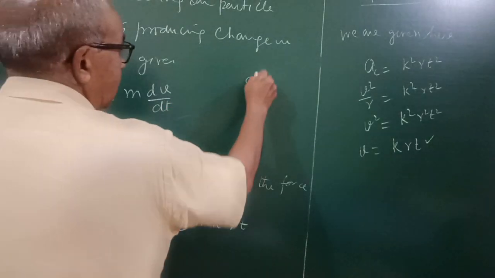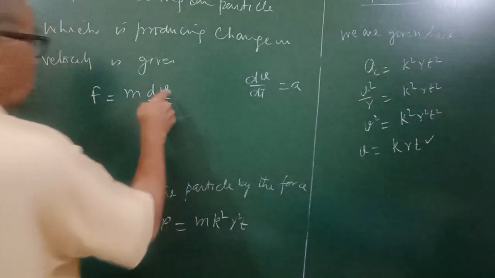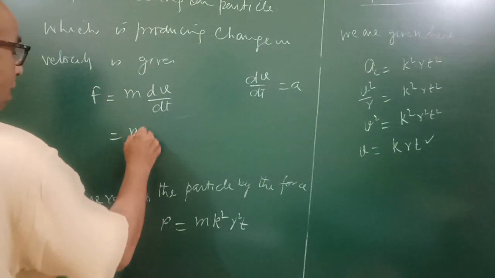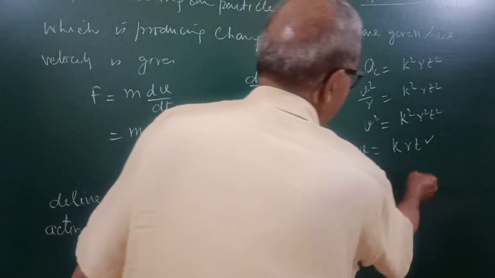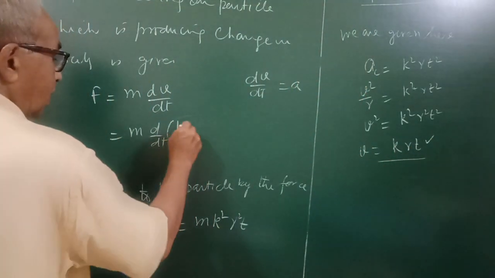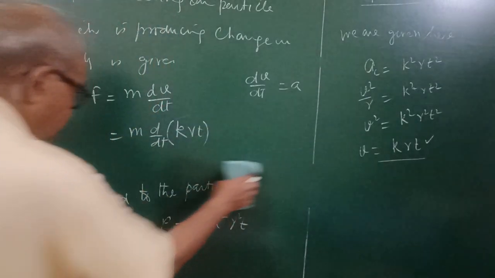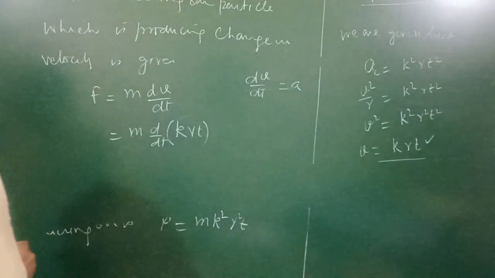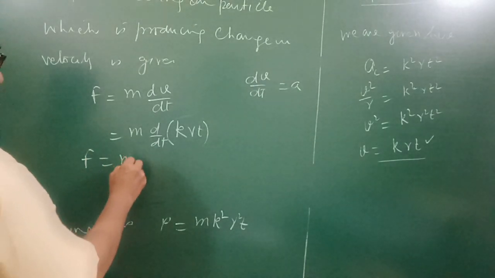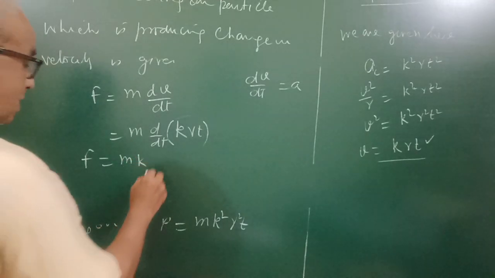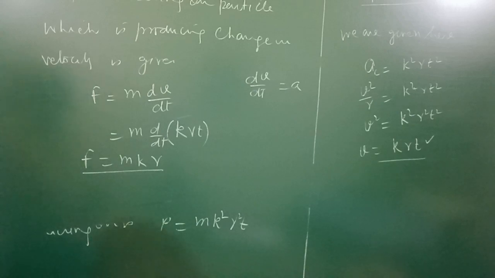But dv over dt is actually acceleration. F is equal to ma, or m d upon dt of v. V we have determined is k r t, and therefore F is equal to m k r. m k r is the force acting.